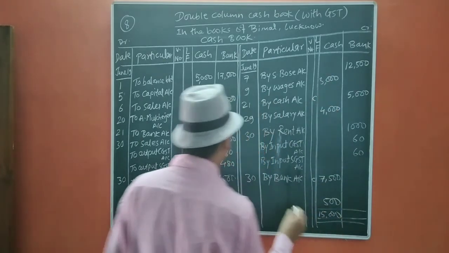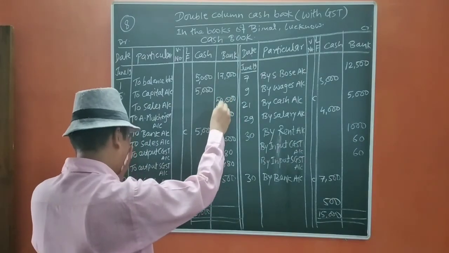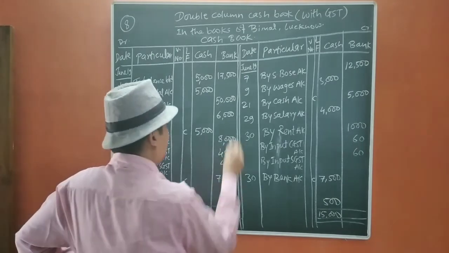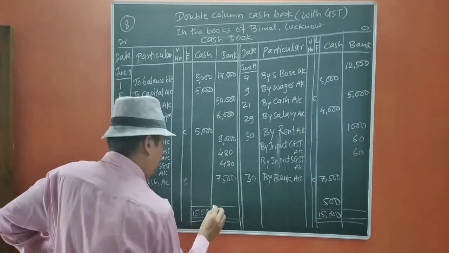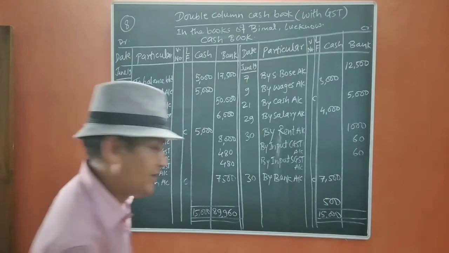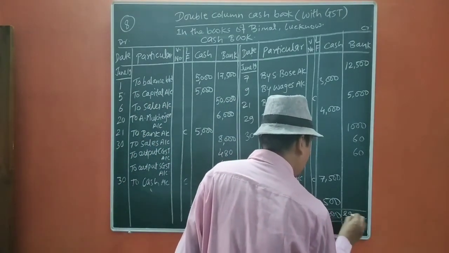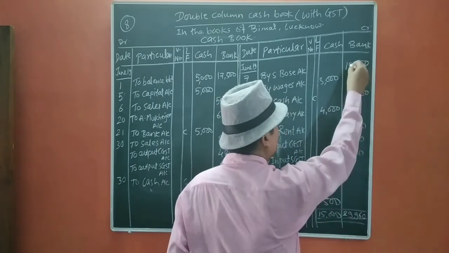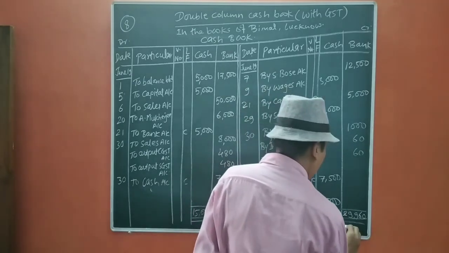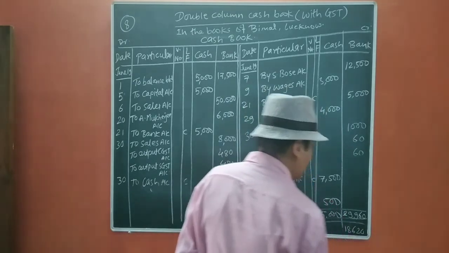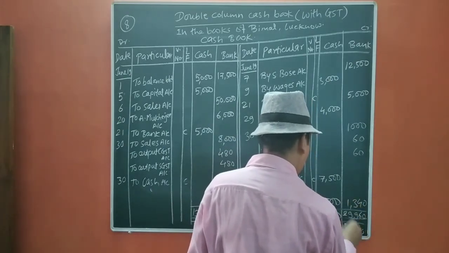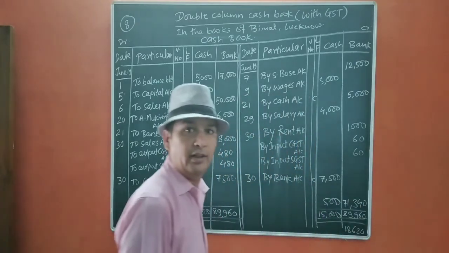This is going to be 500. 67, 67, 73, 73, 81, 81, 88, 89, 89,960, 89,960. There's 12, 17, 18, 18,620. So it is going to be 43, 1, 7, 71, 3, 40.